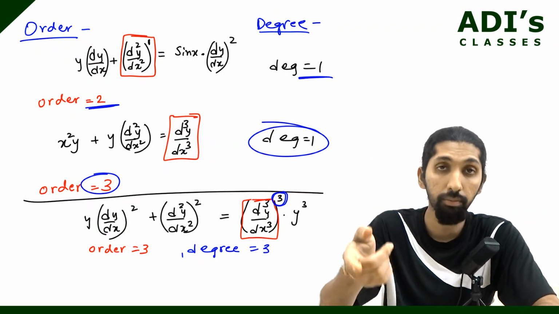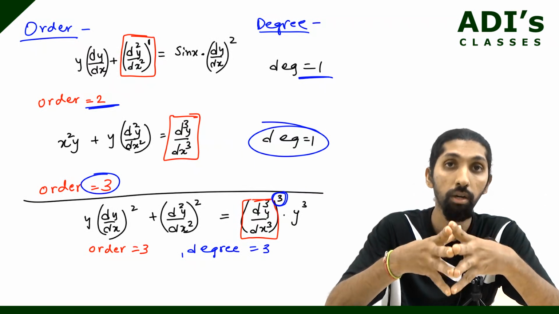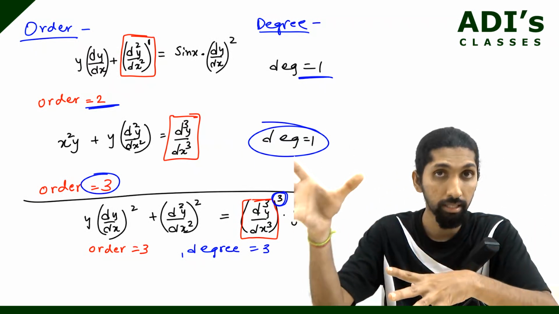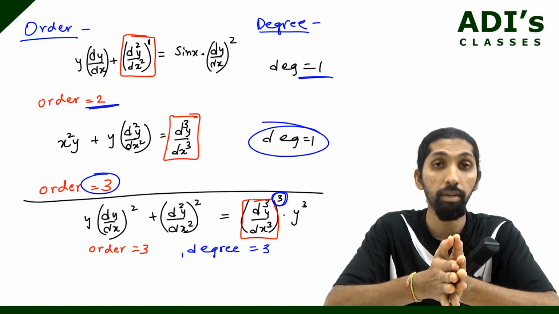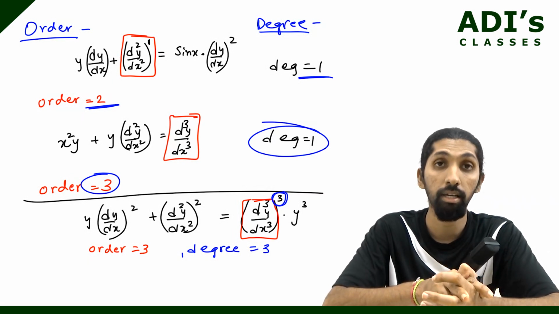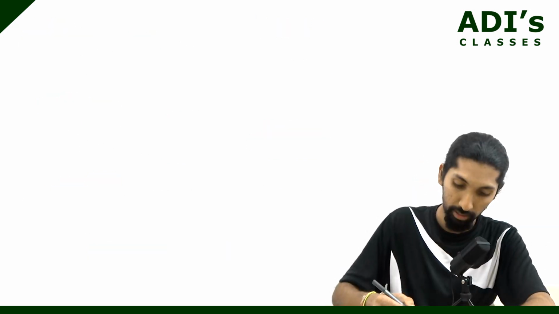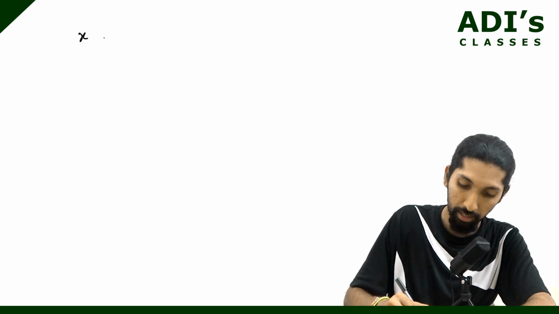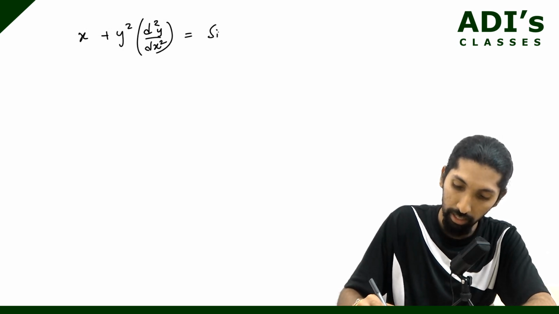Because in the next video, we will solve a few problems calculating the order and degree. Before that, let me give you one example where the order is not going to exist. Look at this example. x plus y square into d square y by dx square is equal to sine of dy by dx.